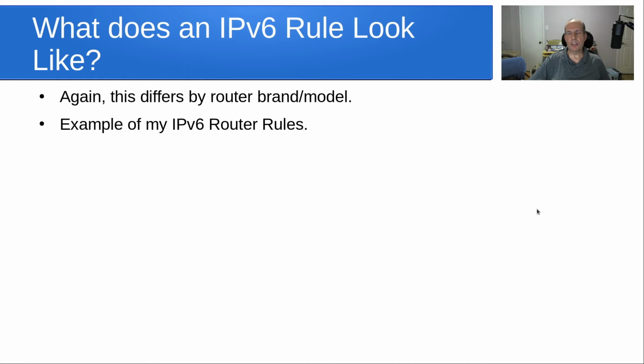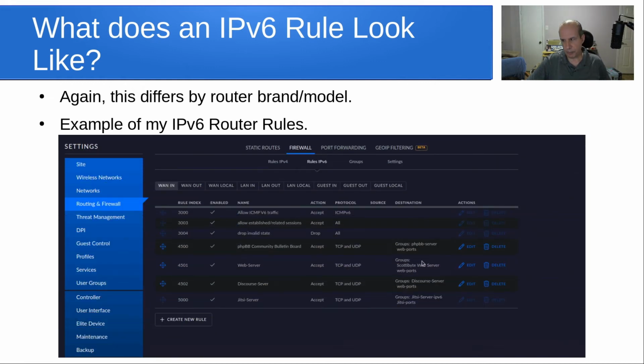And here's an example of my IPv6 router rules on my WAN in connection. So I've got basically 3 or 4 of them here that are of note. I have one for my PHP bulletin board, another for my web server, another for my Discourse server, and another for my Jitsi server. And over here, they don't just put addresses in, but rather they put these things called groups.